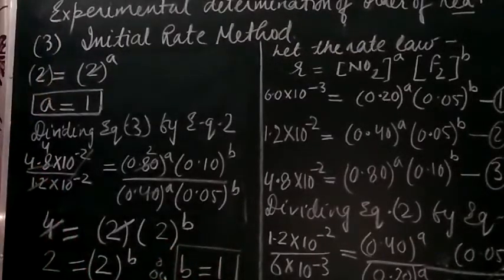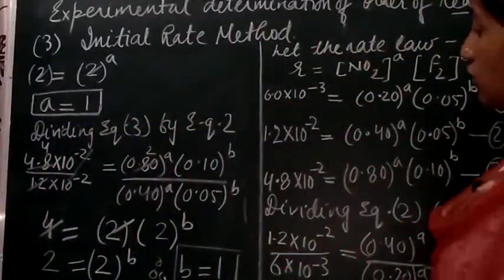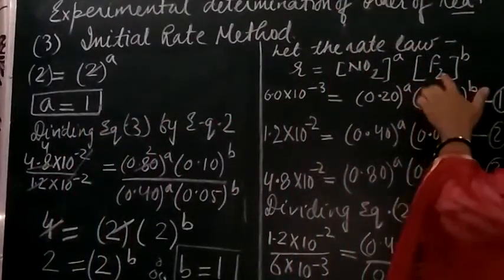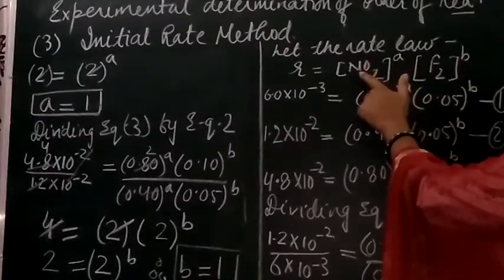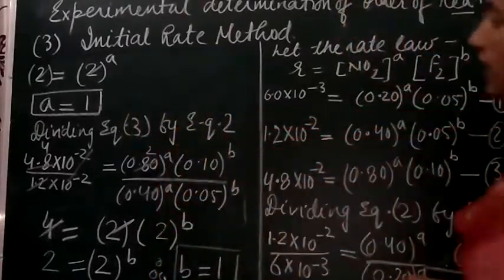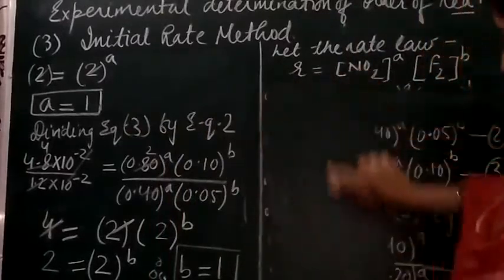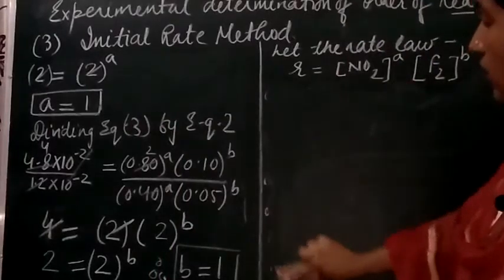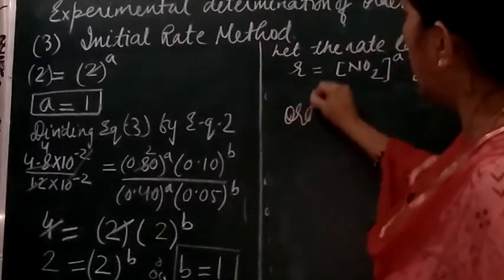So students, we are obtaining A equals 1, and B is also 1. That means the order of the reaction with respect to fluorine is 1, and the order of the reaction with respect to NO2 is also 1. Now we will write down the order of the reaction first, because the first part of the question was to determine the order.